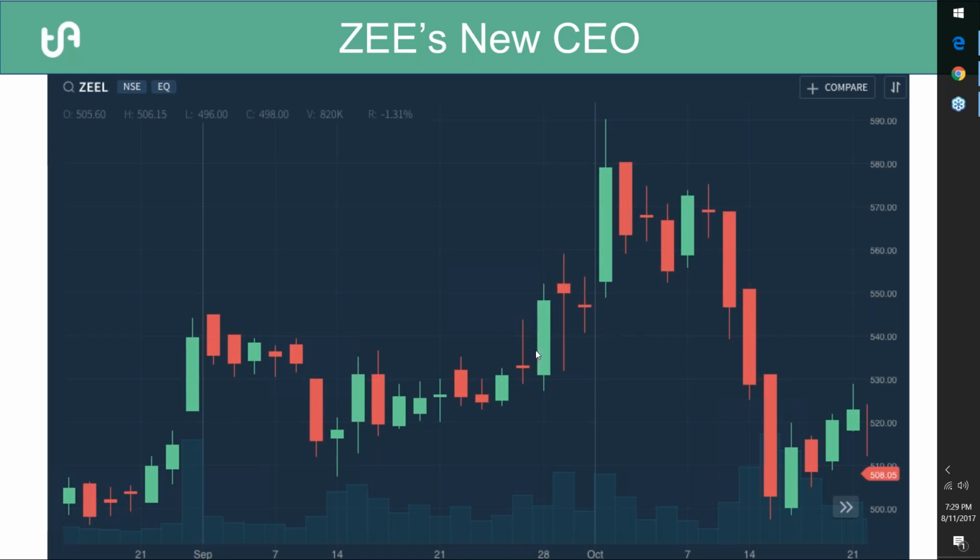So 9 into 4 is going to be 36, right? You can see here that 52 is going to be around the open, and 36 plus 52 is going to be 88, right? So I would short sell the stock right here.